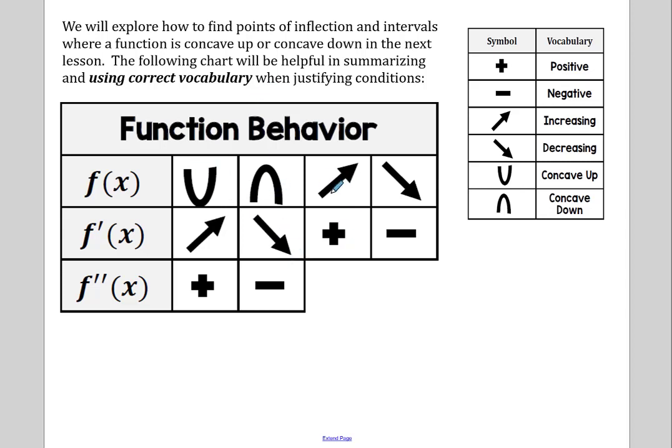So if I knew that a function's derivative was positive, then right underneath positive derivatives, I could see the behavior of the function. So the function has to increase when the derivative is positive. You see how they go with the vocabulary and they line up? It's a great tool to know. And if the derivative graph increases, then the function's concave up. And like I said, we'll talk about the second derivative and points of inflection tomorrow.